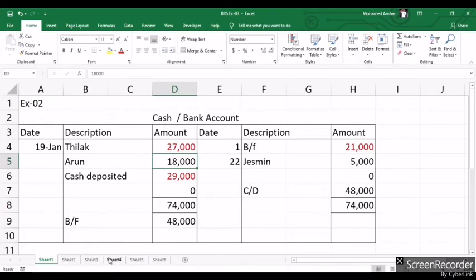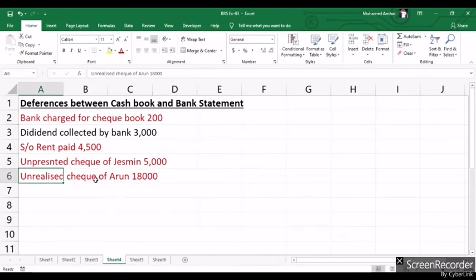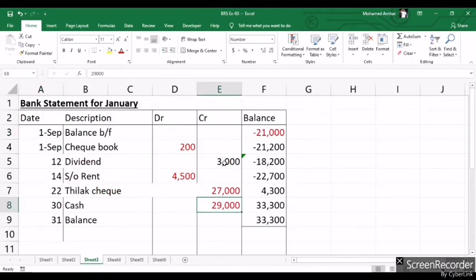So we have mentioned here unrealized check 18,000, and this dividend collected by bank is not in the cash book debit side, so this is also a difference.